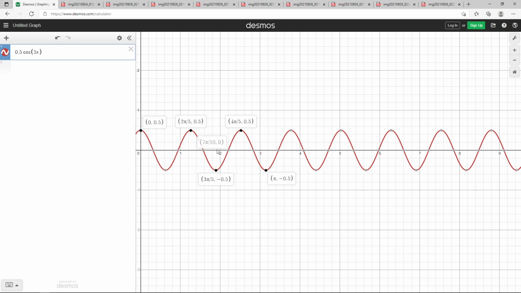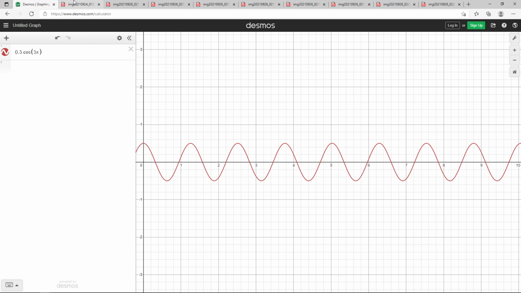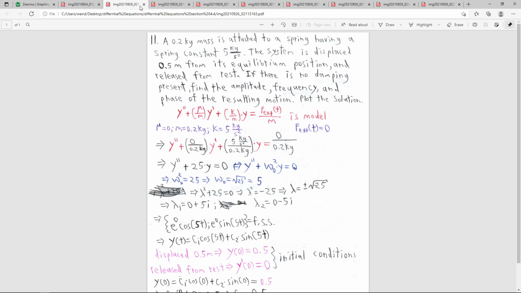Then just 5x: it's 1, 2, 3, 4, 5. It goes through several peaks before it gets to that 5. We go through quite a few peaks in short periods of time. But regardless, let's just look at the graph.